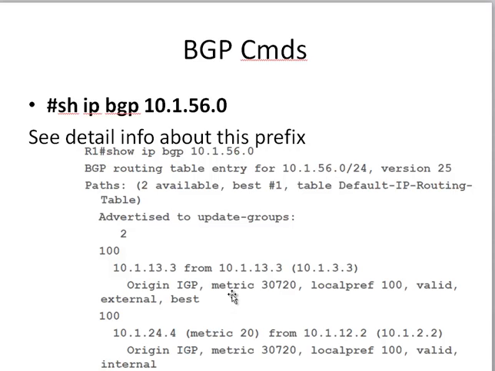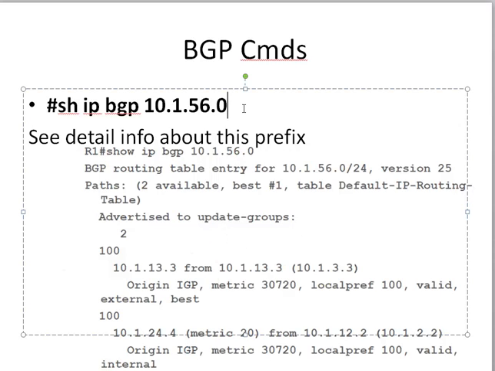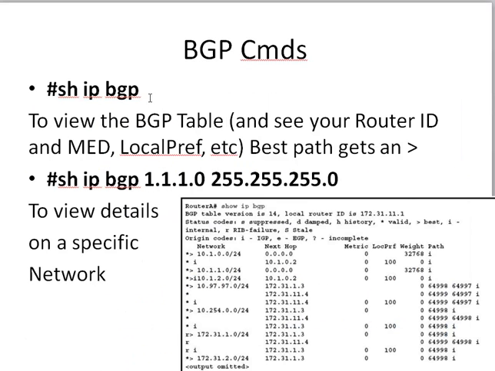It'll tell you the metric, the origin, this is the best path to get to this. Paths, I have 2 available. There's only one best one right now. So you can either see details about a particular network, almost like a detail command for that network, or you can just do, I want to see the whole entire thing.